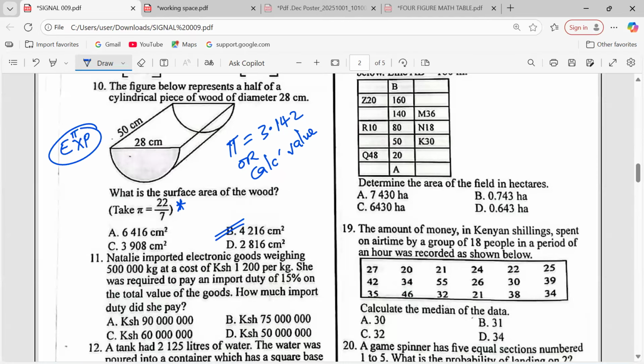If the cover page instructions talk about pi as 3.142 or the calculator value of pi, please don't make the mistake of using 22/7.